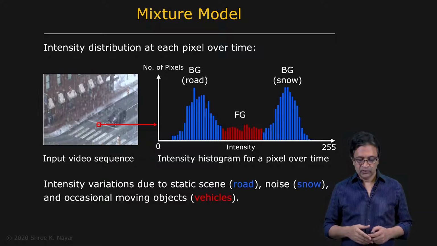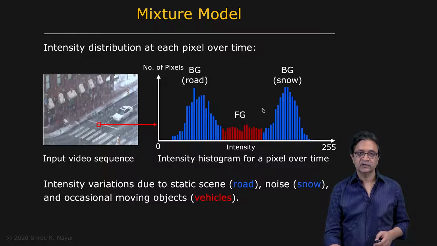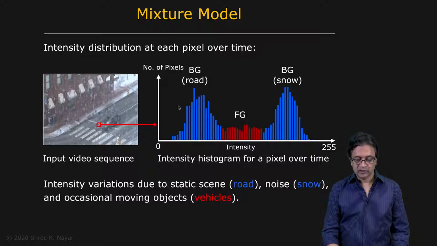And so what we really have here when we look at our distribution is that you have these peaks. So you can view this statistically as a population of intensities, and you can see each one of these bumps as being a subpopulation, if you will. So this one right here corresponds to the intensity variations due to the road itself.